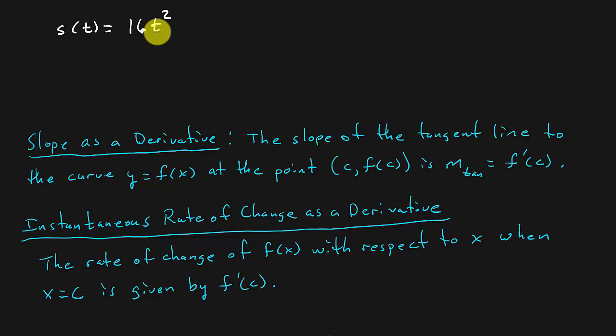After 1 second, how far has it fallen? After 2 seconds, how far has it fallen? Well, we can plug that into here, and that'll tell us how far it's fallen.